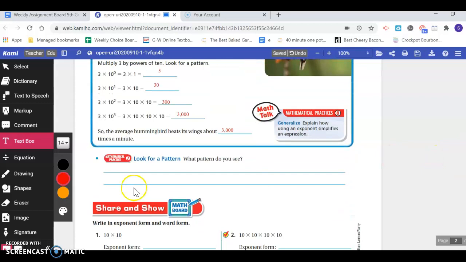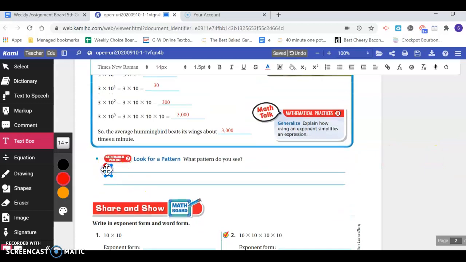Now let's talk about the pattern that we see. The number of zeros increases by 1 as the power of 10 increases by 1.